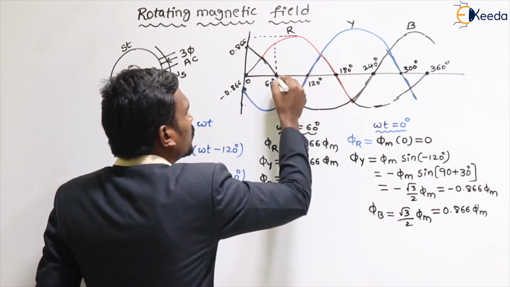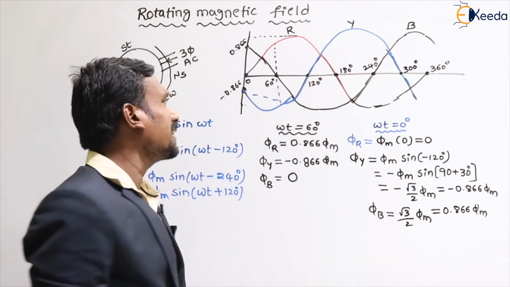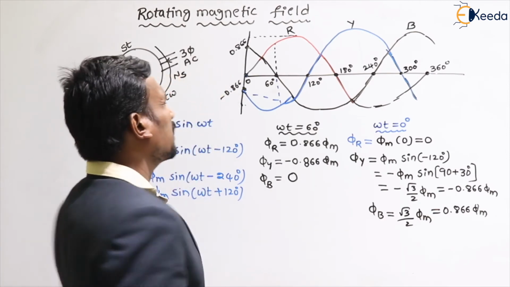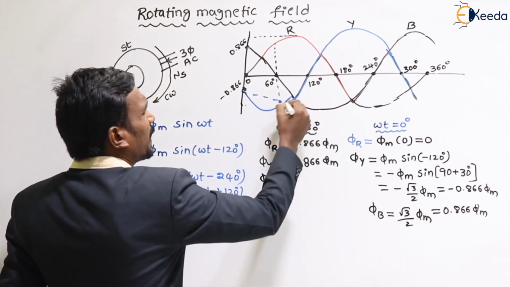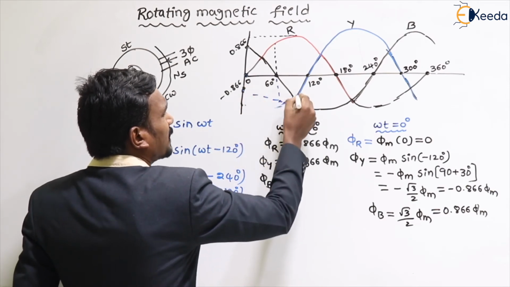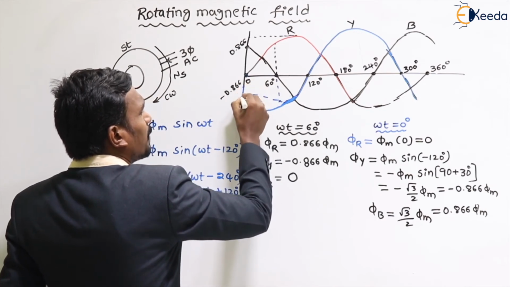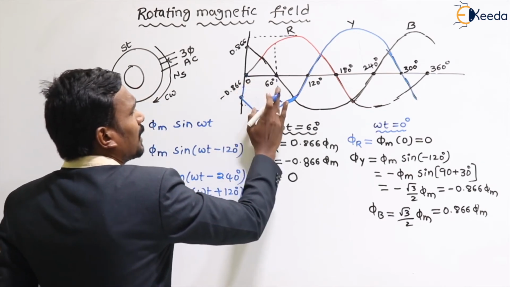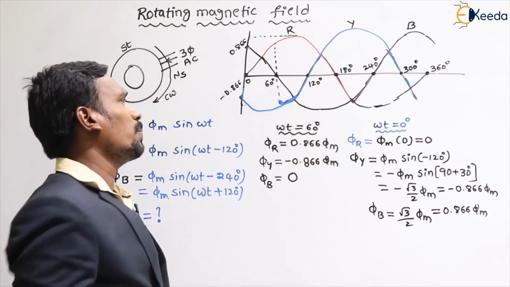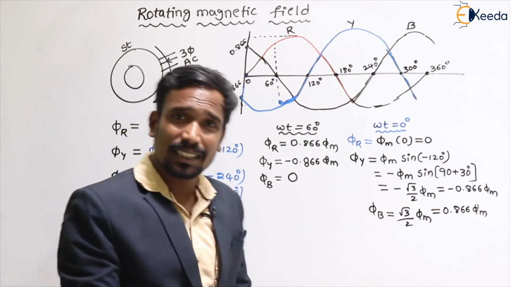The Y phase is negative again, but not the maximum, less than the maximum. How much is it exactly? Minus 0.866. This is the view for 60 degrees.